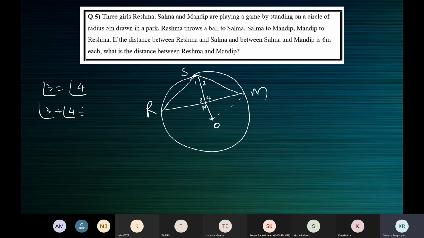But what is angle 3 plus angle 4 equal to? 3 and 4 lie on the straight line MNR, so the sum of angle 3 and 4 is 180 degrees. What will be the next step?